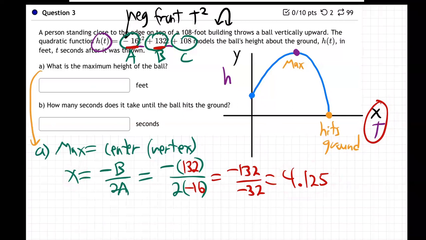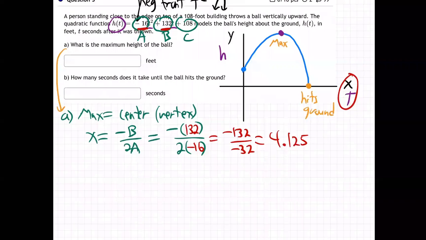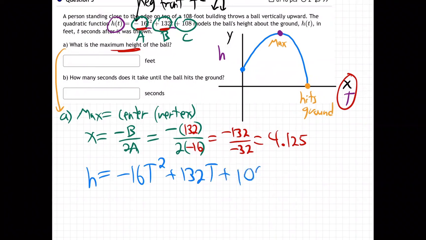Anyway, what I really want is the height. How am I going to find it? I've got to find the y. So I'll call it h. The formula is h equals minus 16 t squared plus 132 t plus 108.